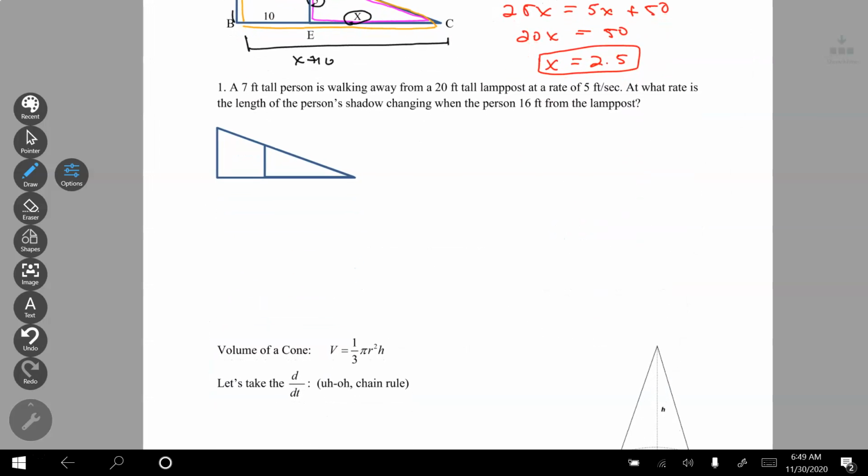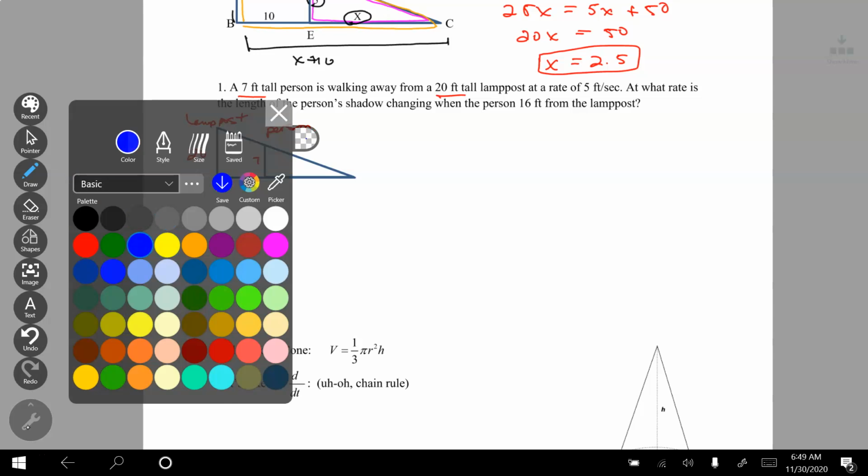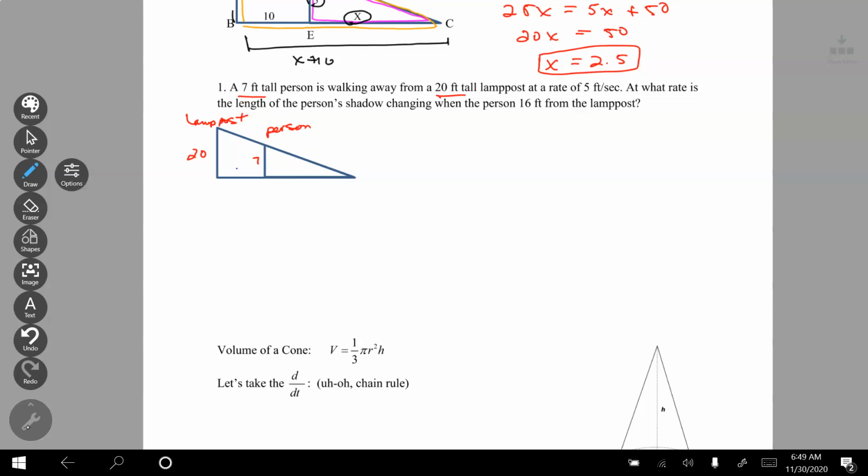So how do we do it for a calculus problem? Well, I have a 7-foot person and a 20-foot lamppost, so that means this side is 20 because that's the lamppost, and this is 7 because that's the person. I don't know any of the bottom side of this triangle, so I'm going to call this side x and this side y.